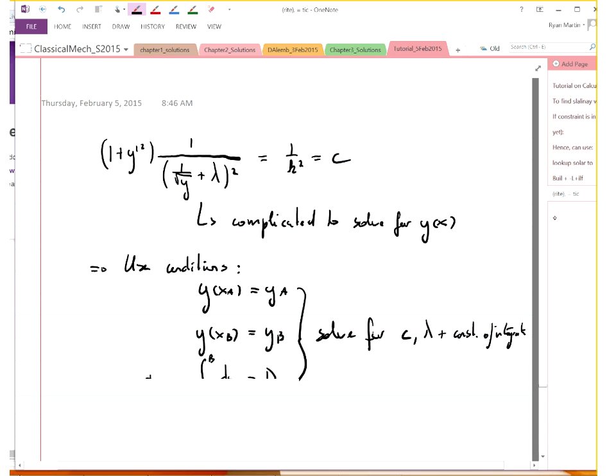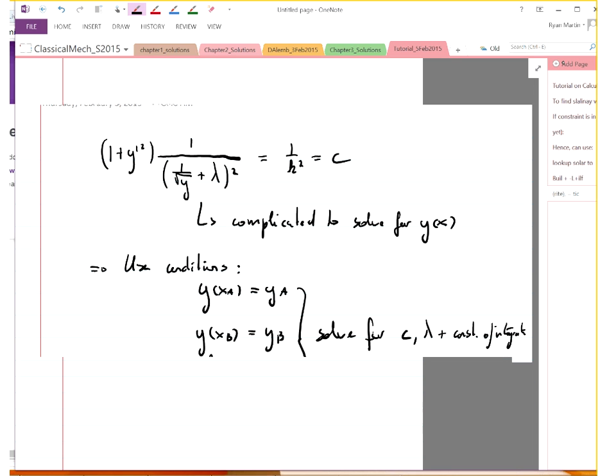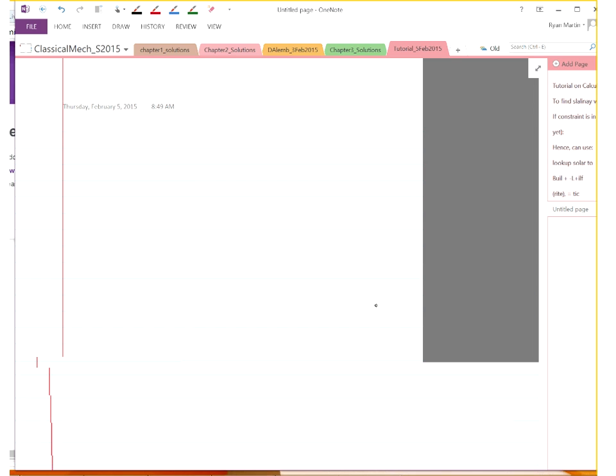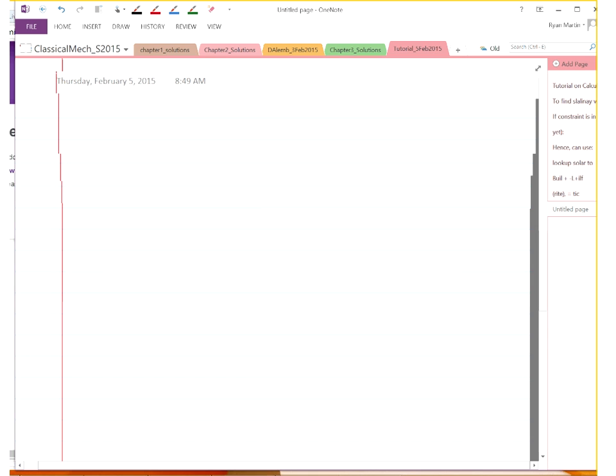Oh, are there any questions about this, actually, first? Alright, so let me do another example where you can actually get a closed form solution.